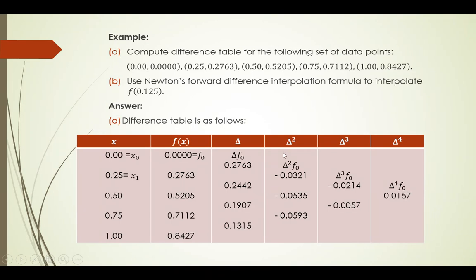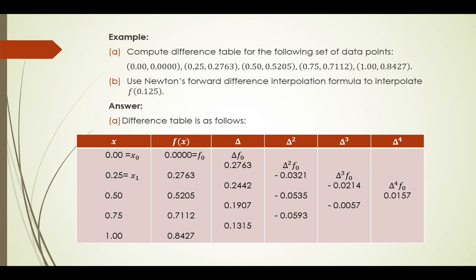So the second difference is just like that, this minus that between these two here, then this minus that will be here, this minus that will be here. The third difference is second minus first, there. Third minus second, there. Then the fourth difference is second minus first, so that is 0.0157. So that is the difference table.